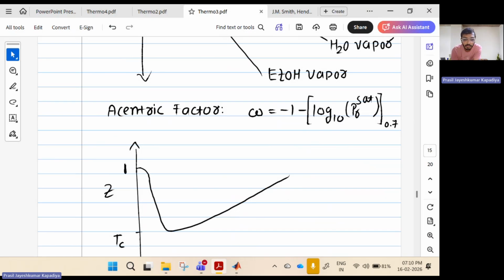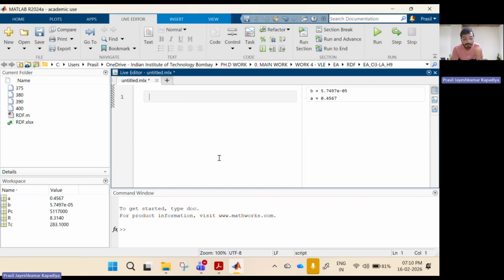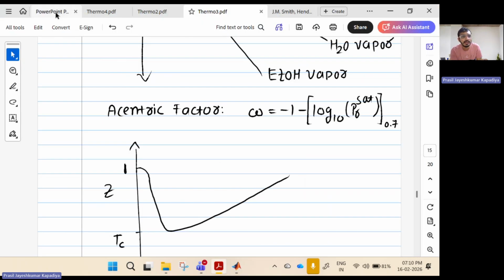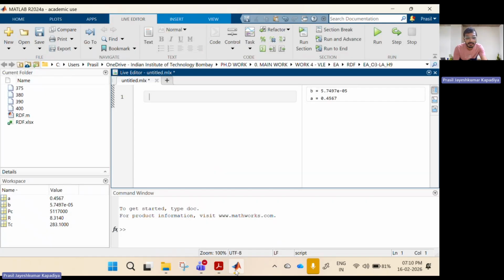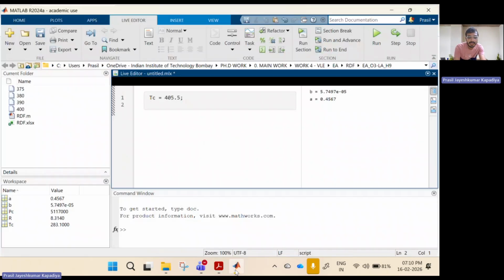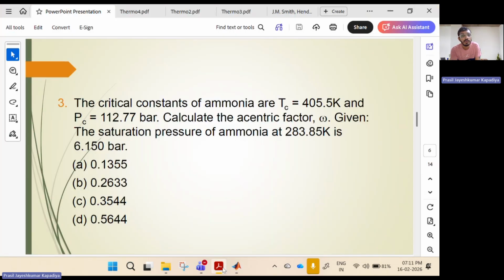So let's first try to find out the value of TR. What is given to me in the question? TC is equal to 405.5 Kelvin. Then PC is equal to 112.77 bar, into 10 raised to 5 pascals. That is my PC value.